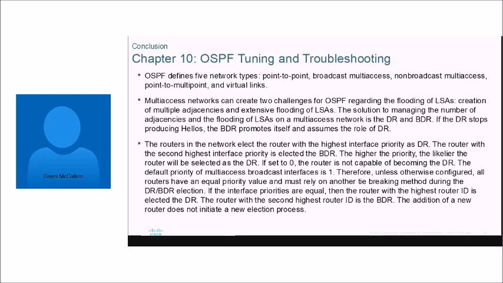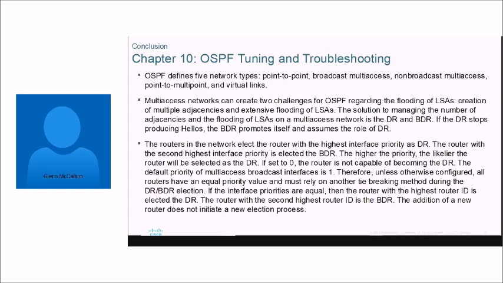So the election process for DR and BDR, of course, is the first item is interface priority. Of course, the default interface priority is 1, and so if no one's configured things, it needs a tiebreaker, and that will be the router with the highest router ID. But leaving it at router ID, it's a bit of a blunt tool. It's not particularly precise.